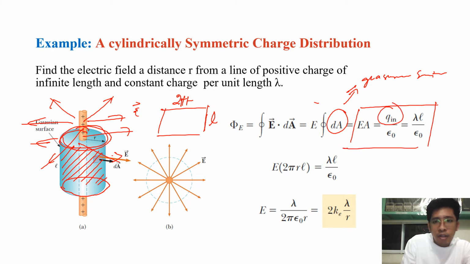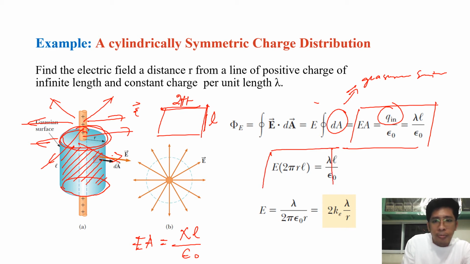The charge enclosed, Q enclosed, is λL, because this is a line charge density. So we have EA equal to λL over ε₀, and A is 2πrL, your length times width.